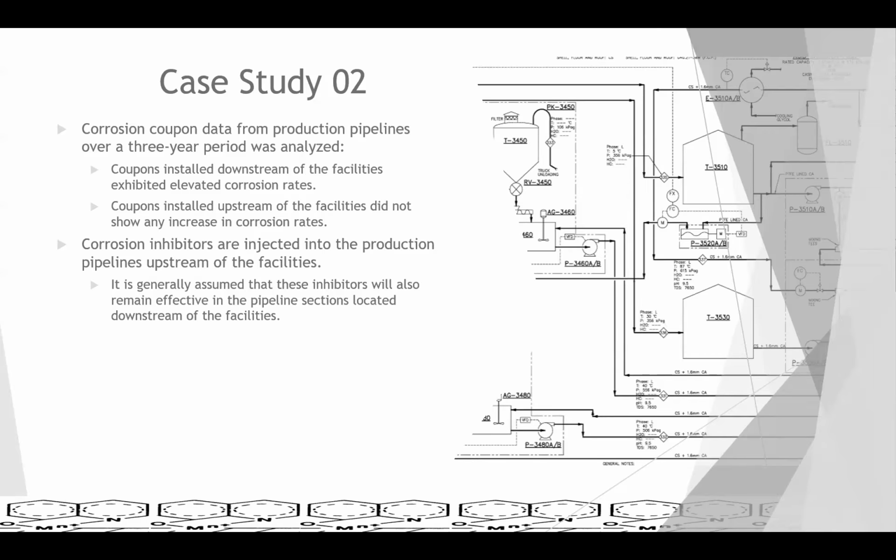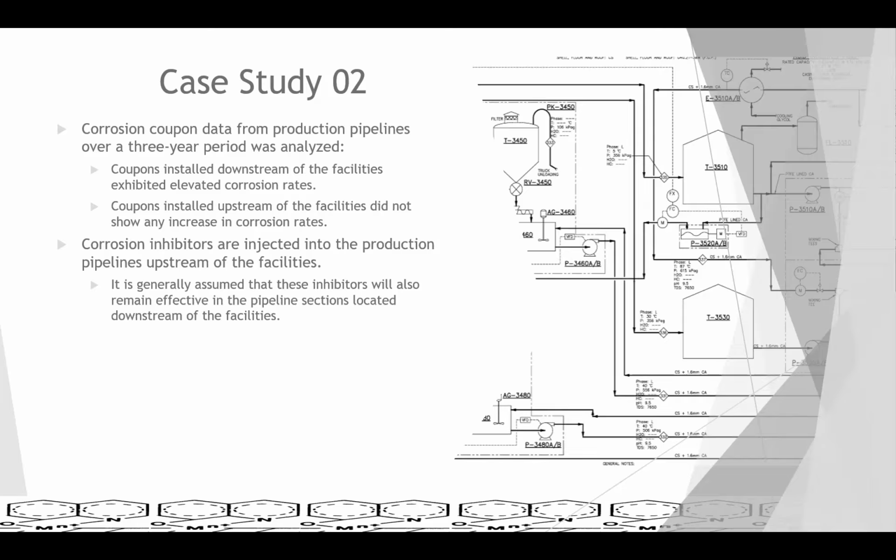In this particular case, the corrosion inhibitor, or rather one inhibitor, was injected into the production pipeline upstream of the facility. And the company assumed that the inhibitor that was applied would remain effective in the pipeline sections located downstream of the facilities.